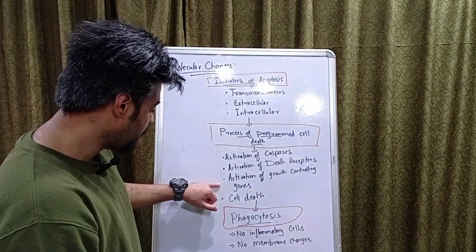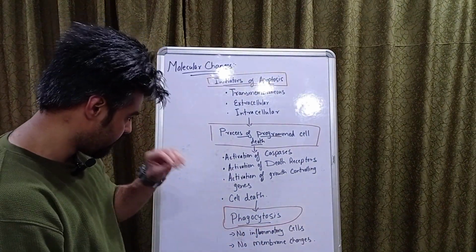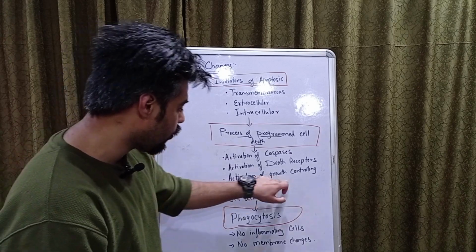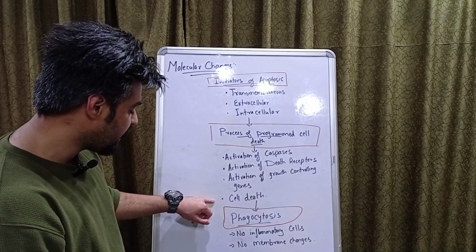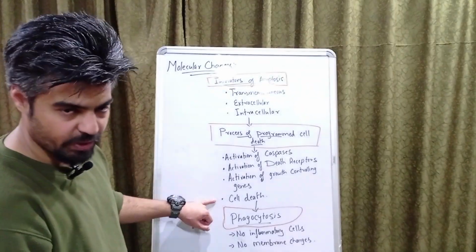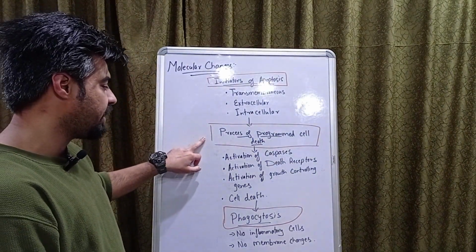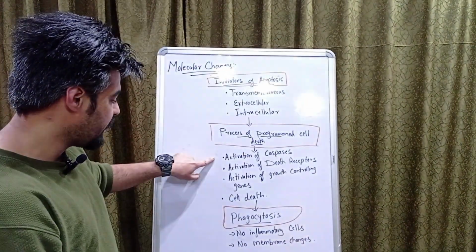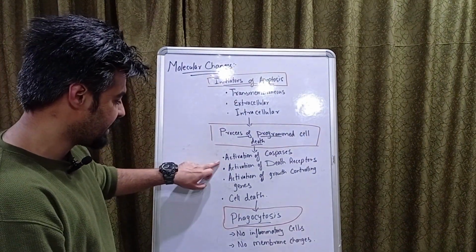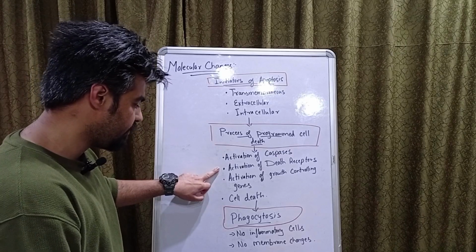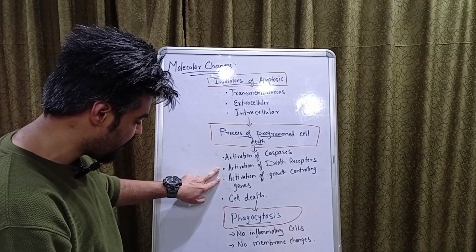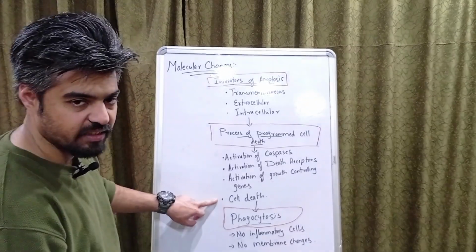Third step is activation of growth controlling genes, and last one is cell death. Repeating it once again: first activation of caspases, second activation of death receptor, third activation of growth controlling gene, and last is cell death.